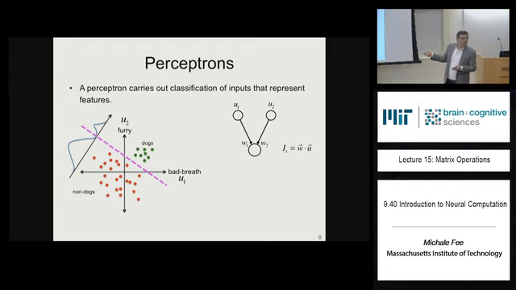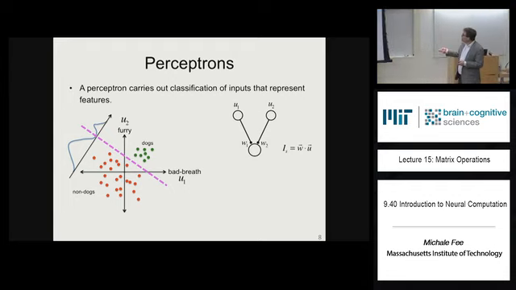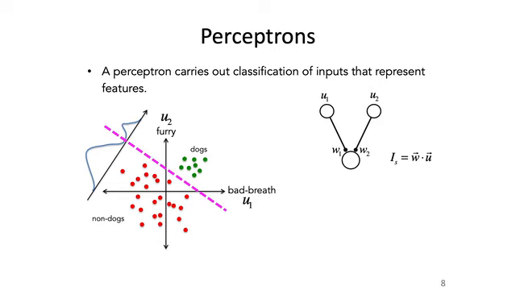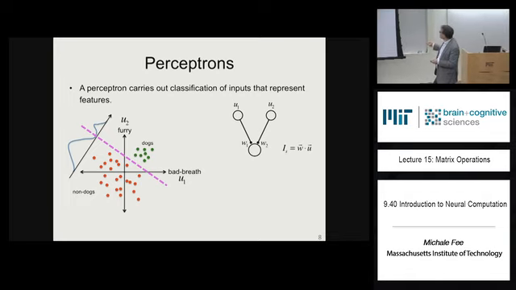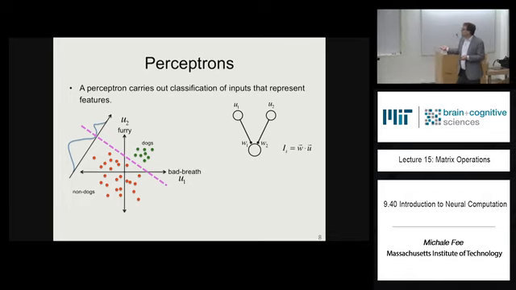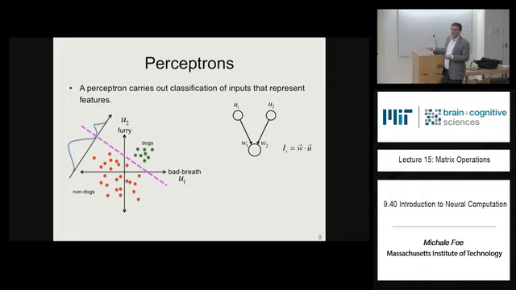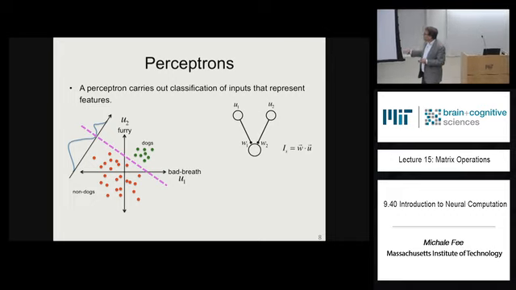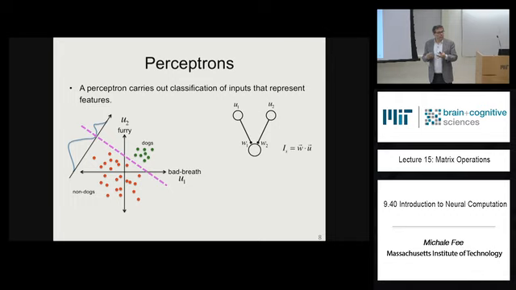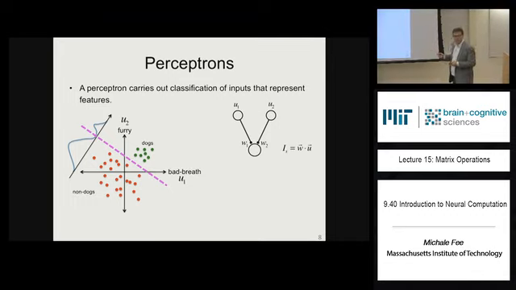In order to properly separate those categories, you need a decision boundary that's actually a combination of those two features. And we talked about how you can implement that using a simple network called a perceptron that has an output neuron and two input neurons. Each one of those input neurons represents the magnitude of those two different features for each object that you're trying to classify.